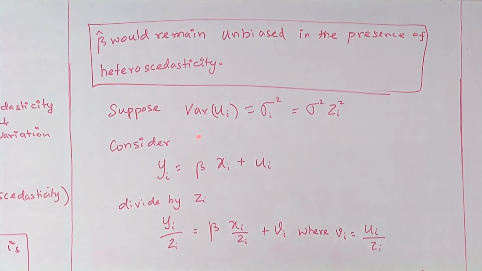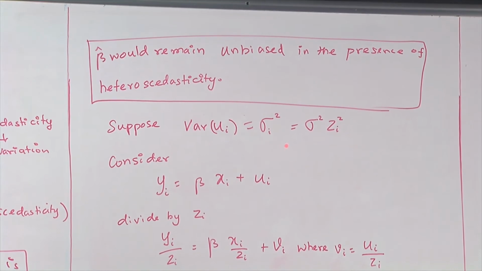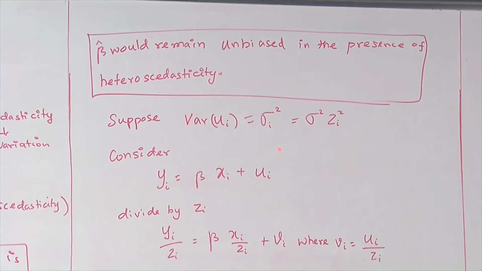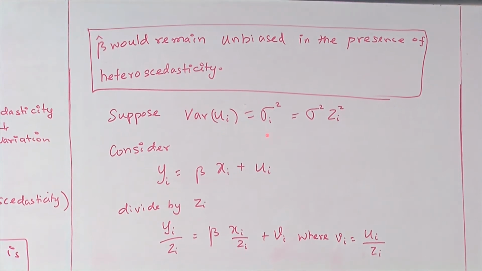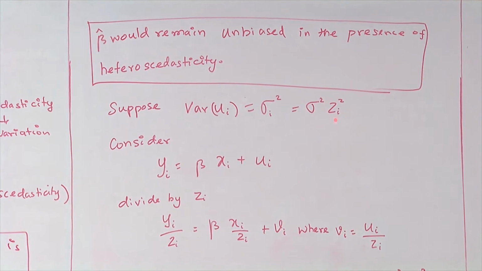But suppose we take the variance of ui as sigma i square, that is proportional to zi square, that is sigma i square is equal to sigma square into zi square, where z is another variable.